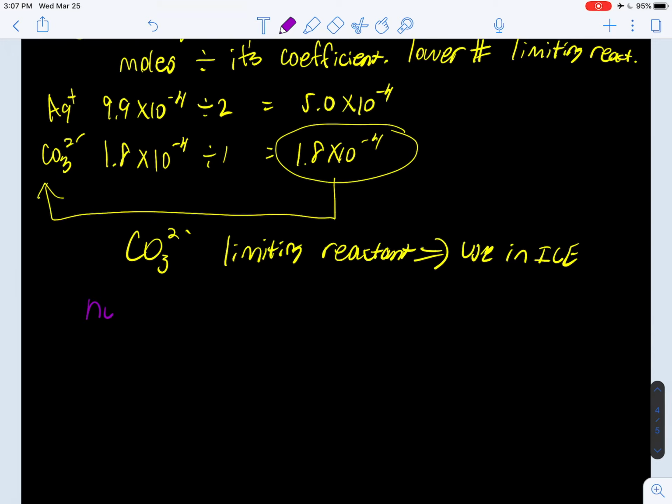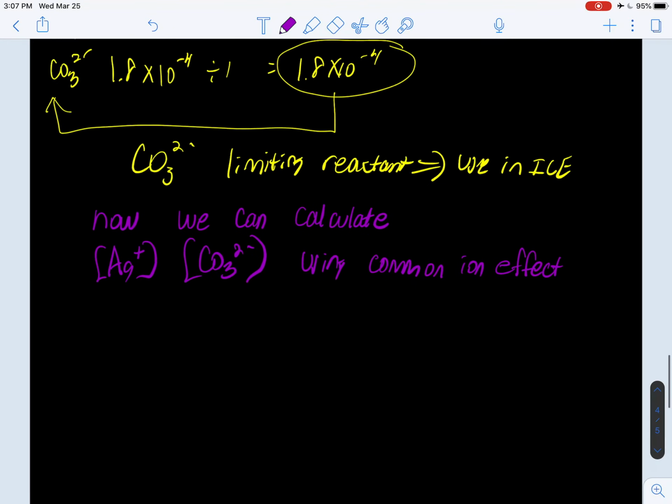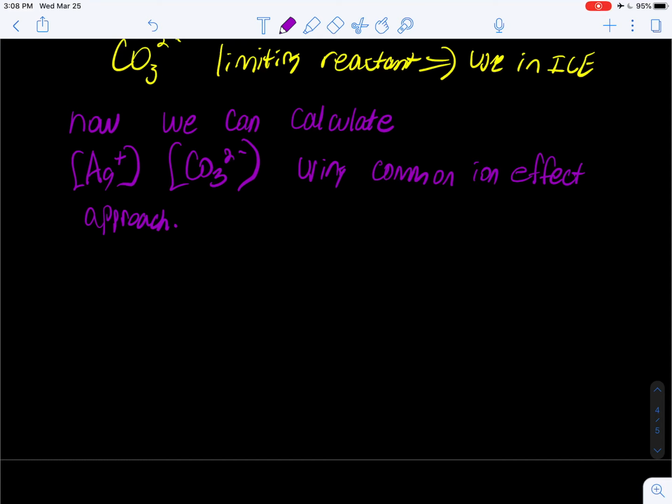Now, we can calculate the amount of silver ion and carbonate, okay, using the common ion effect approach. So generally speaking, we assume that Ksp is small.